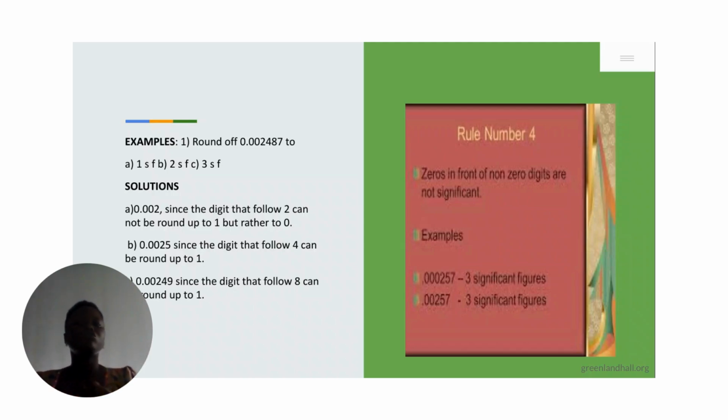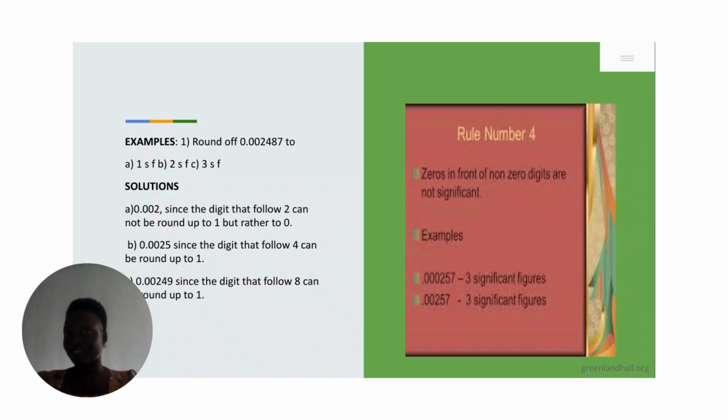Now, B, to two significant figures, we have 0.002487. Since the digit that follows 2 is 4, which rounds down, that gives us 0.0025 only if rounded up, so we consider the digits 2 and 4, and the following digit 8 is rounded up to 1, then we add it to the 4. That will give us 5. That means to two significant figures, we are going to have 0.0025.